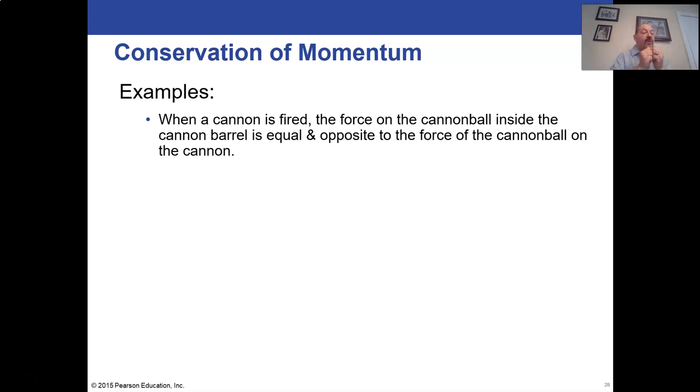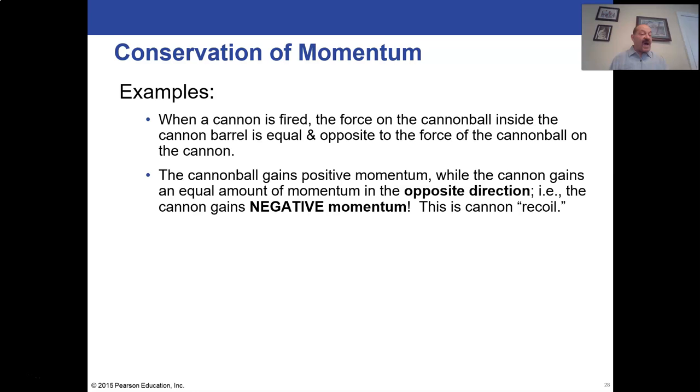If you're starting with no momentum at all, they have to have equal and opposite momenta coming out. So a cannonball gains positive momentum while the cannon gains an equal amount of momentum in the opposite direction, quote unquote negative momentum. It's just momentum in the opposite direction. It depends on how you want to approach it.